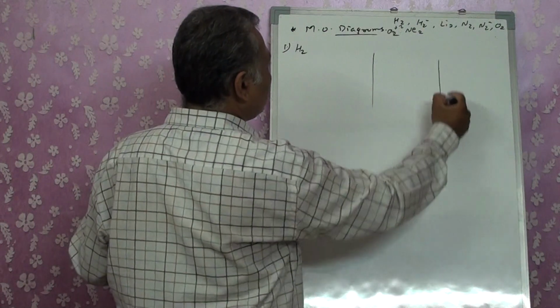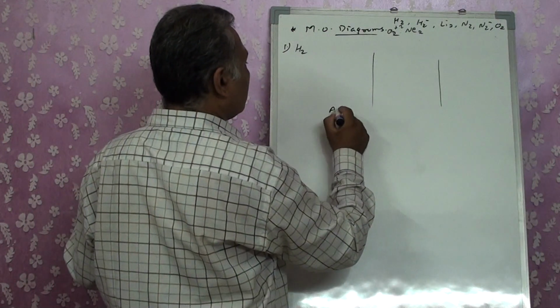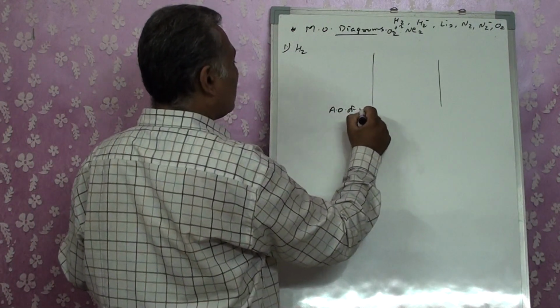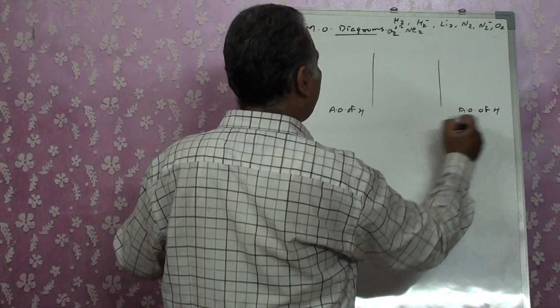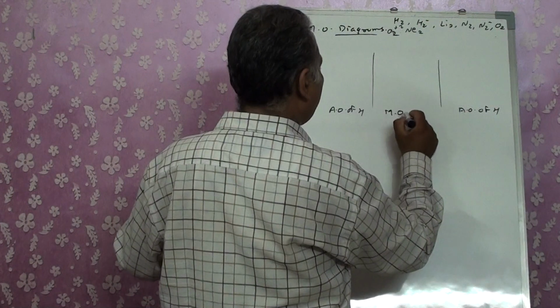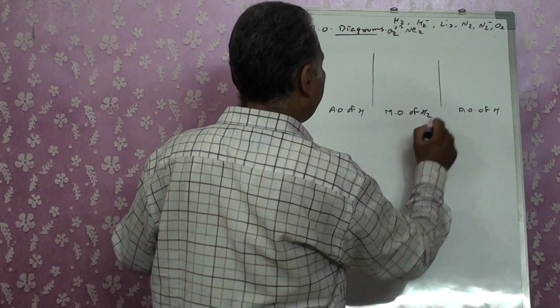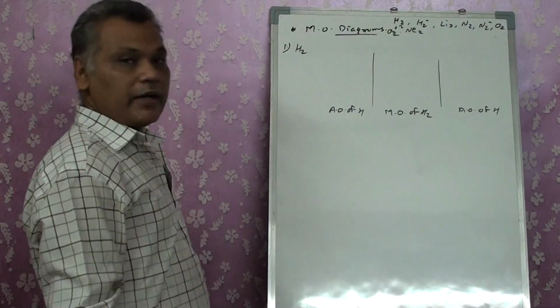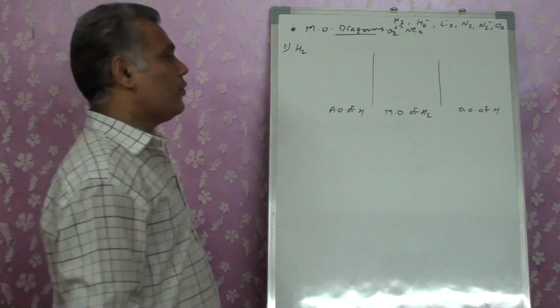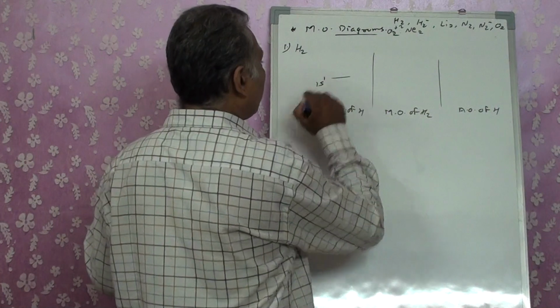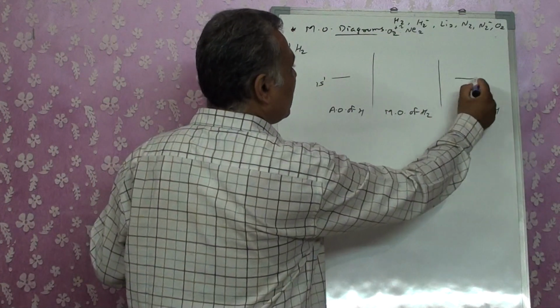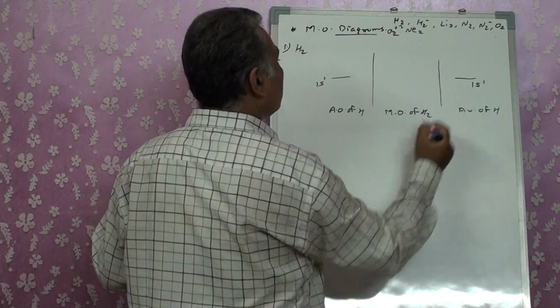Now H2 means we have the atomic orbital of hydrogen, atomic orbital of hydrogen. So you will get the molecular orbital of H2. Now hydrogen has 1s1 as its electronic configuration at the same energy level.